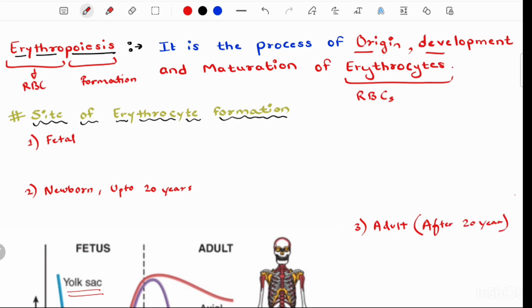So let's discuss in fetal life. In fetal life, erythropoiesis occur in three stages. First stage is mesoblastic stage. Second is hepatic stage. And third is myeloid stage.